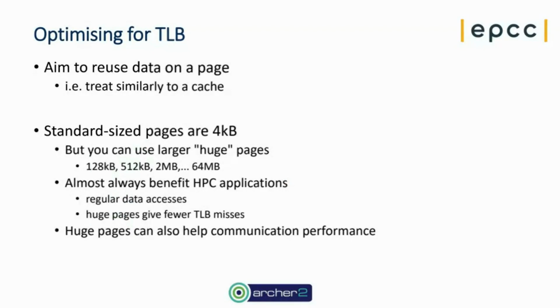Okay, TLB. Somebody will probably tell me otherwise that TLBs are still important, but these days TLBs tend to be big enough on modern processors that TLB misses are rarely a problem. Can still happen though in unusual cases.